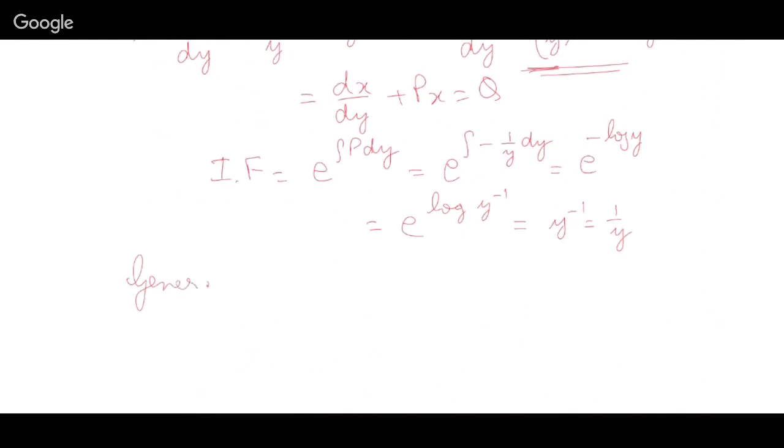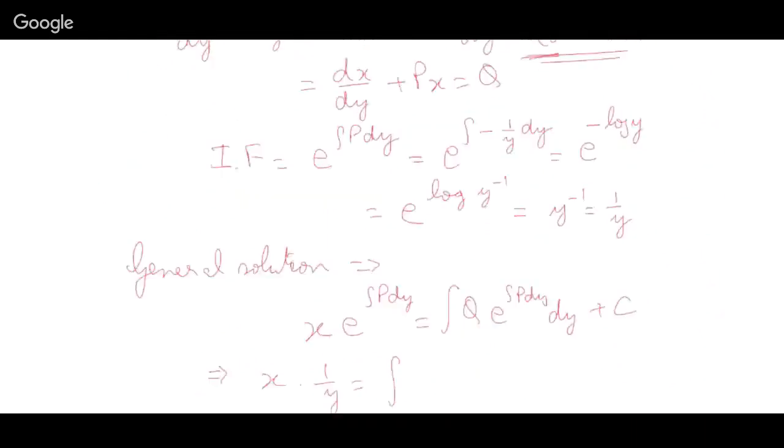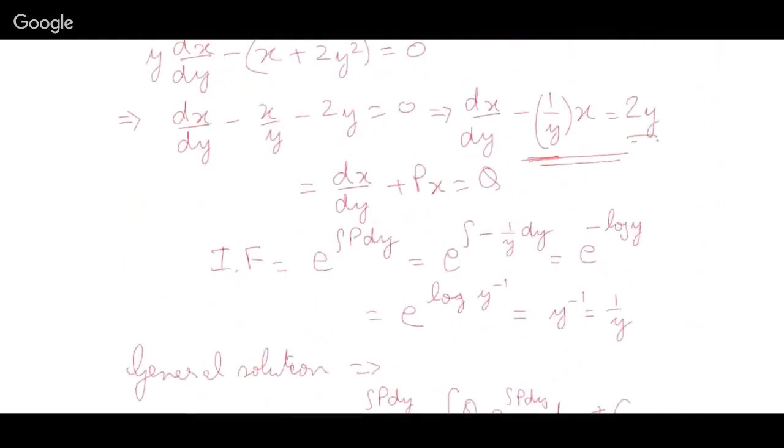Our general solution now is x into e to the power of integral p dy is equal to integration of q into e to the power of integral p dy plus a constant of integration. So what we get over here, after replacing the integrating factor, is x into 1 by y is equal to integration of q. What is q? Q is equal to 2y.